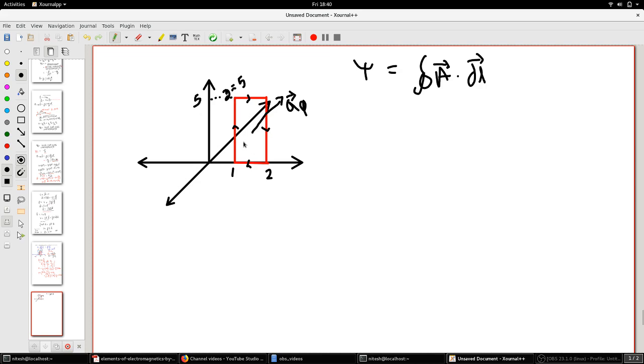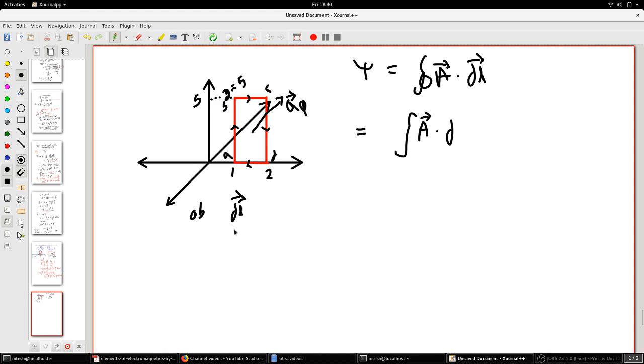So now if we mark this as A, B, C and D, these are the 4 paths, then my psi will be equal to integral A dot dl.